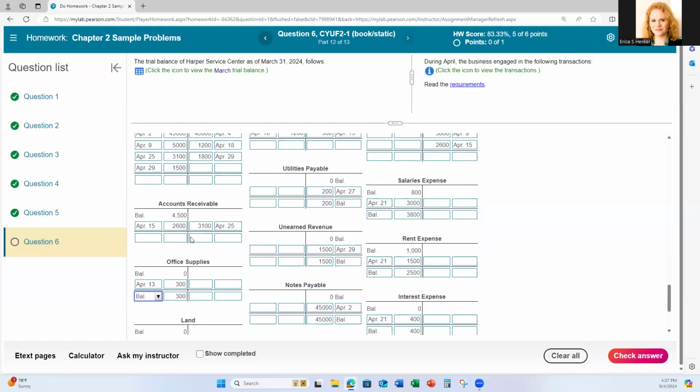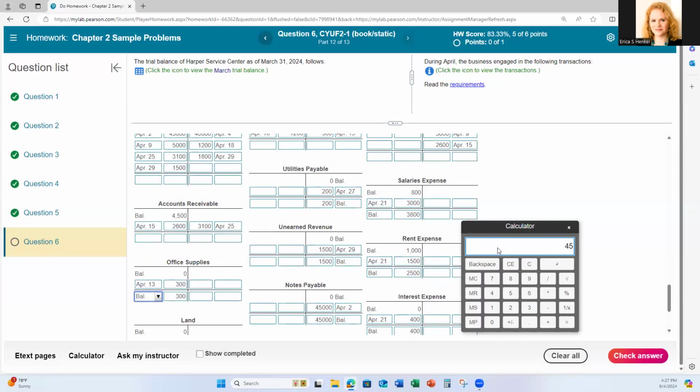Okay, so this one though, we've got two different directions going on, right? So we started with 4,500, we add 2,600 there. And then we subtract the 3,100 on the other side. So that gets us an ending debit balance. We had more debits than credits. So our ending balance is 4,000.